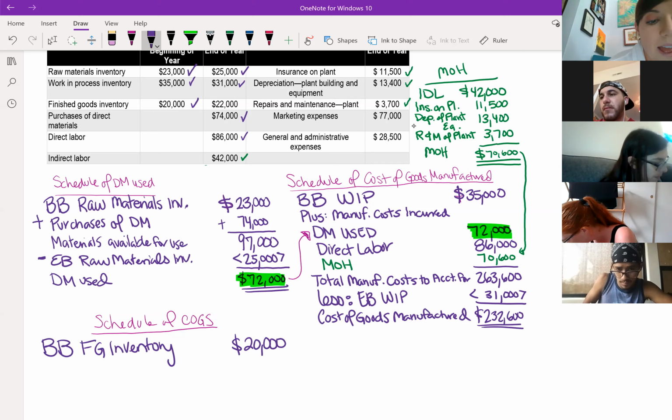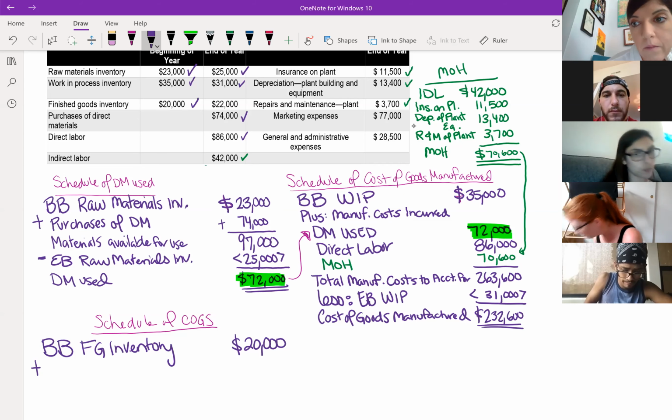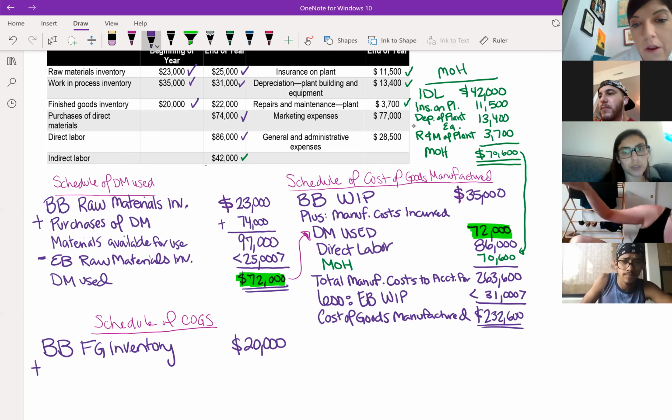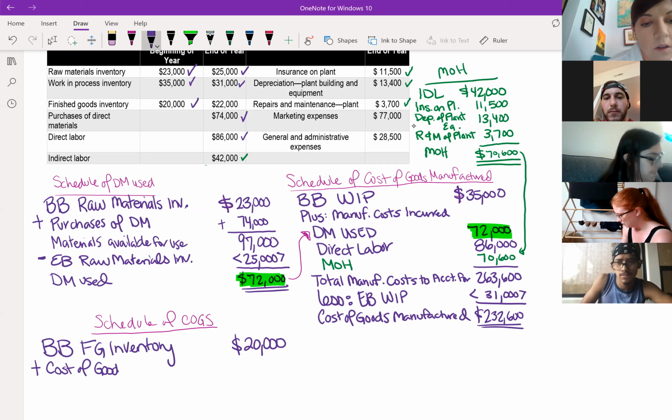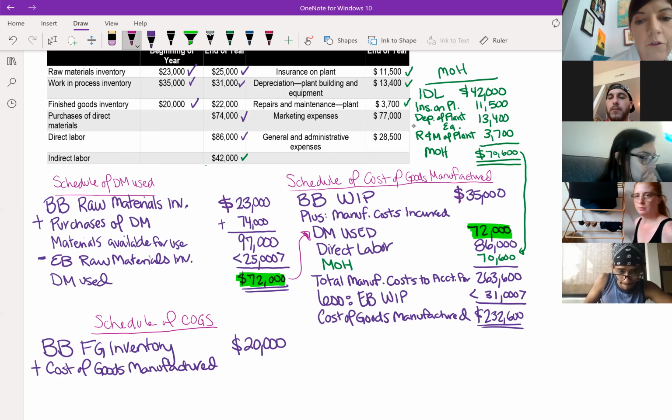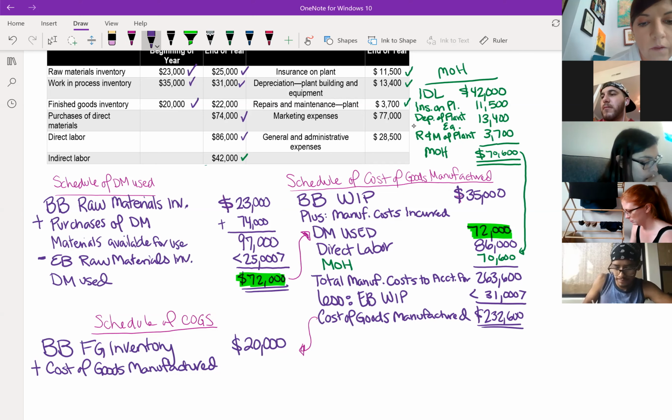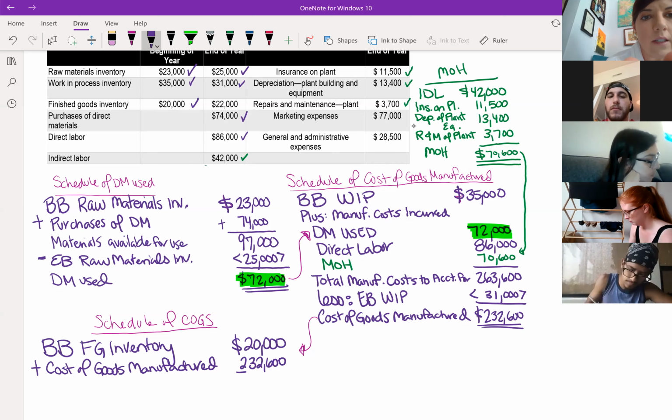We're going to add in what? Cost of goods manufactured. So these goods were completed during the period. They moved from WIP into finished goods. 232,600, and I'll highlight it a different color.